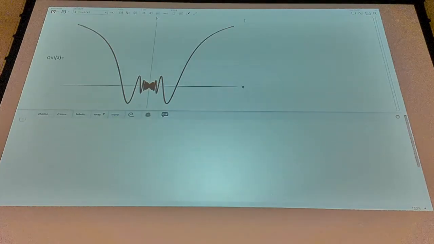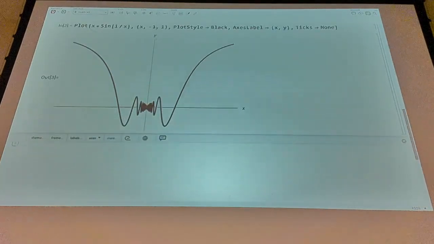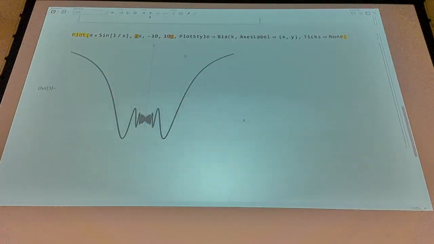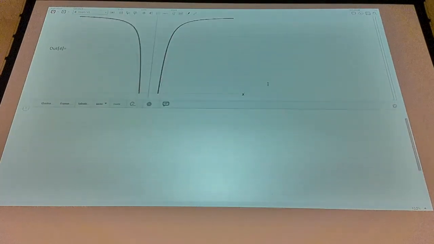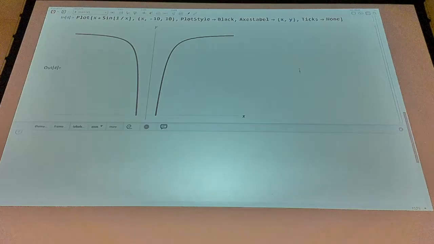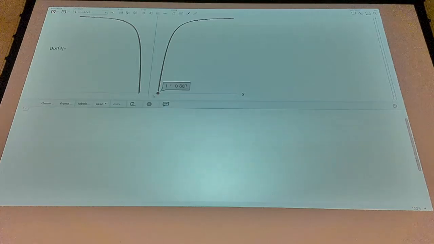Keep in mind, I'm really zoomed in on the center there. This only goes from -1 to +1 on the x-axis. If I zoom it out, oof, that's horrible. I don't even think that's 0, 0 anymore. It's not.